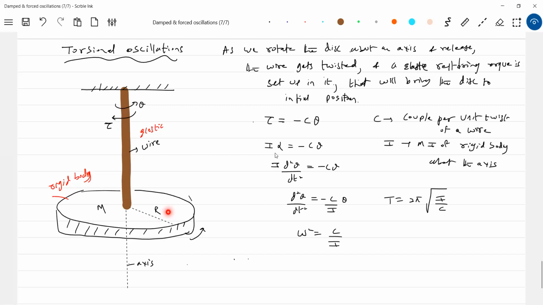The disc will swing like this. Just now I showed the bag or polythene cover. These are called torsional oscillation. Again, you may call it angular SHM. It's a part of angular SHM only. Who will produce the restoring torque in the wire? The elastic forces only will set up a torque, and that will make the body return back to its original position.